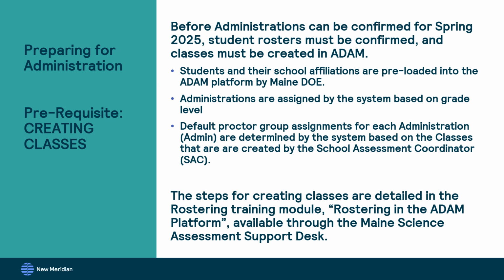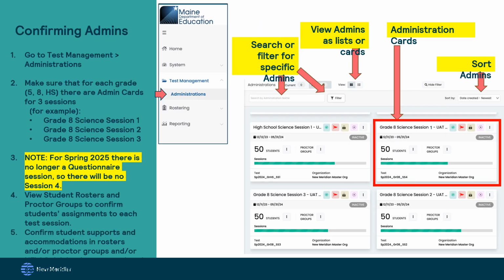Next, we will talk about how to confirm the test administrations and proctor groups. To confirm test administrations and proctor groups for your schools and classes, coordinators will need to be logged into the ADAM system and navigate to the Test Management menu on the left side of the home screen. Then choose the Administrations submenu.